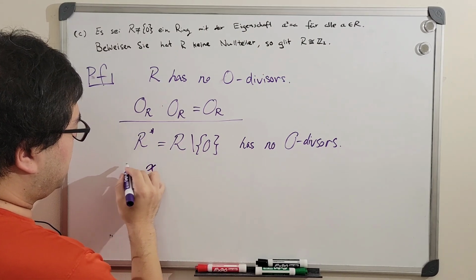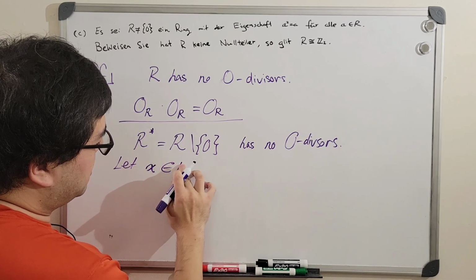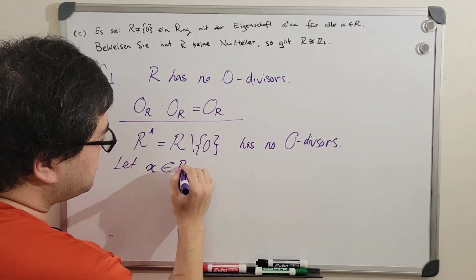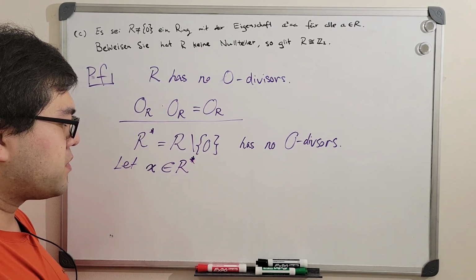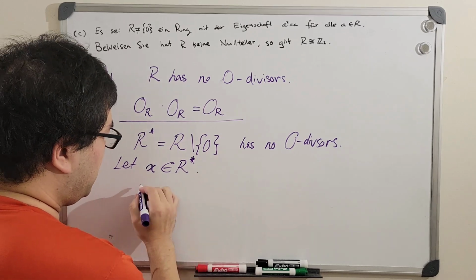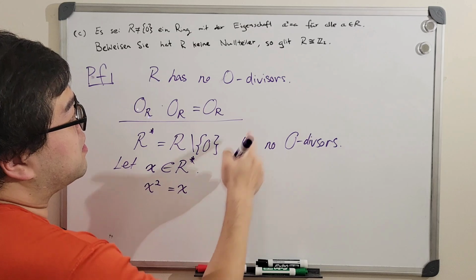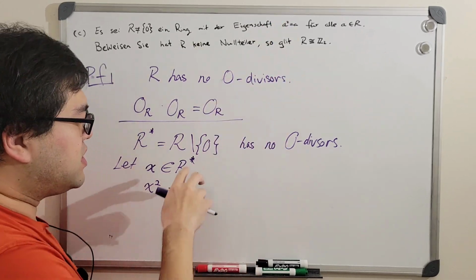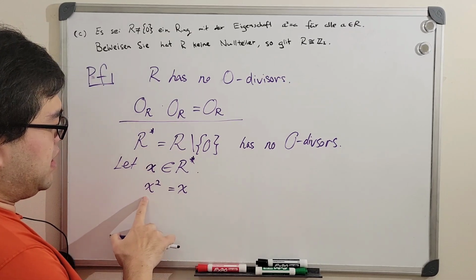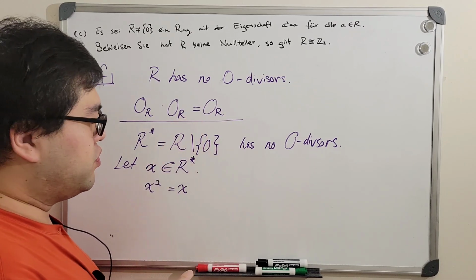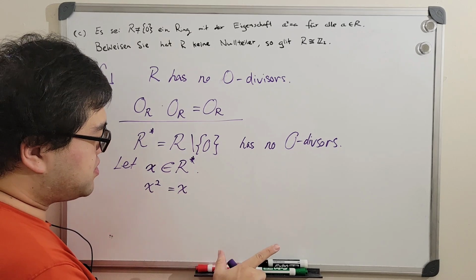So suppose X is in this subset. Then we of course have the condition that x squared is equal to x, based on the fact that x is an element in this subset of the ring, and all these elements gain the property that x squared is equal to x.